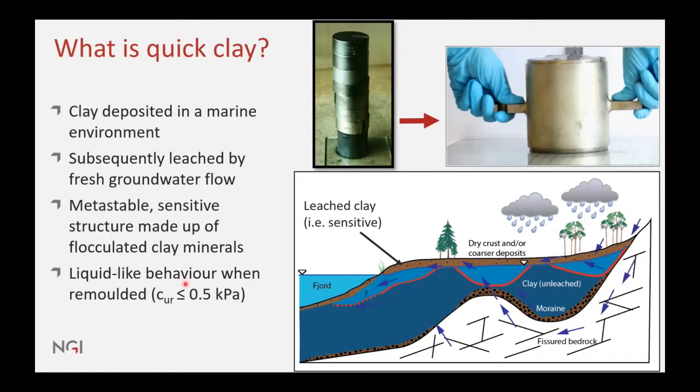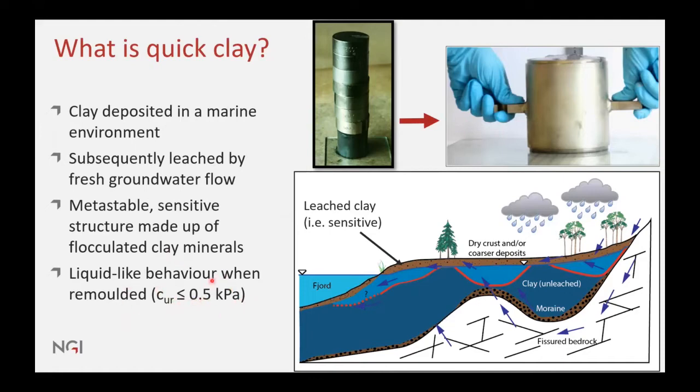As a definition in Norway, quick clay is a clay that has a remolded shear strength, the c_ur here, that is lower than 0.5 kPa. Other countries use different boundaries for the definition of quick clays.